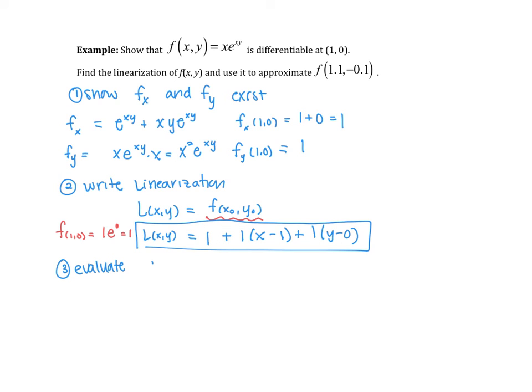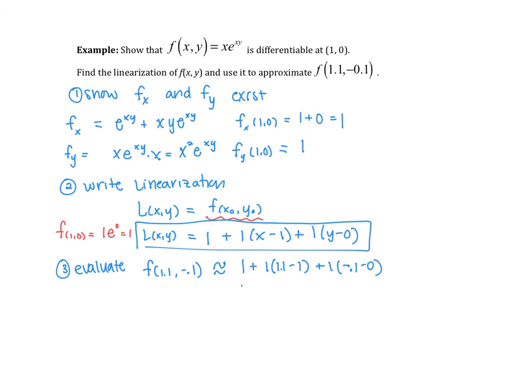I'm going to evaluate it by saying that if I want to find what the value at (1.1, -0.1) is, it's going to be approximately 1 plus 1 times x, which is 1.1, minus 1, plus 1 times y minus y naught.